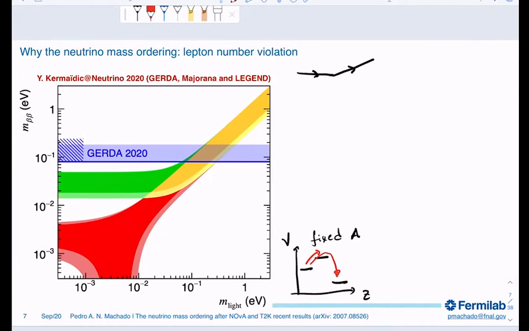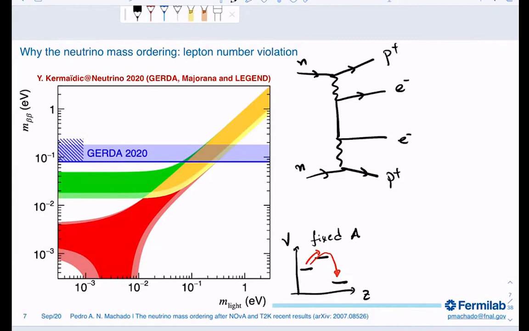And there is the possibility that in double beta decay, if neutrinos are Majorana particles, they, in some sense, annihilate each other. So you start with 2 neutrons, you end up with 2 protons. And instead of having 2 electrons and 2 neutrinos, these neutrinos sort of annihilate each other. So they're virtual neutrinos.